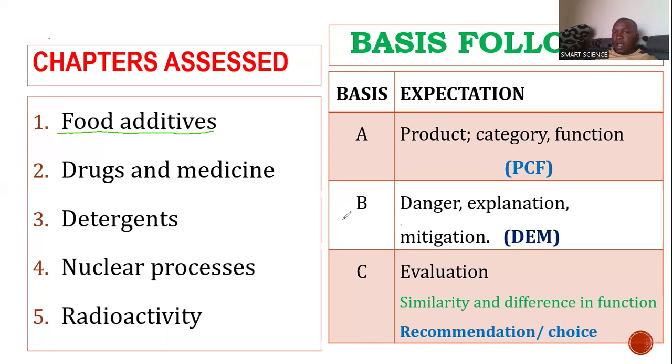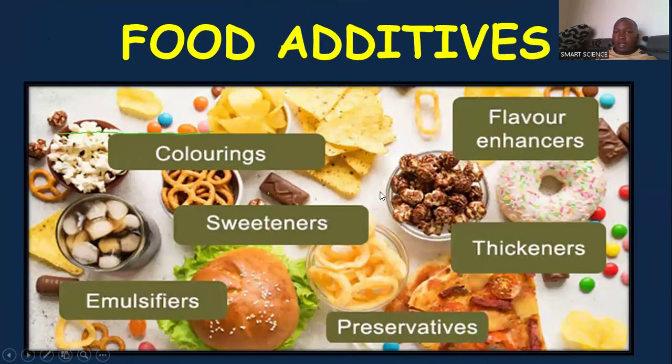So as per the basis, we look at the way we can handle the different items, like we've always looked at. So when we proceed and begin with food additives, there are quite many: food colorings, sweeteners, emulsifiers, preservatives, enhancers, among others.